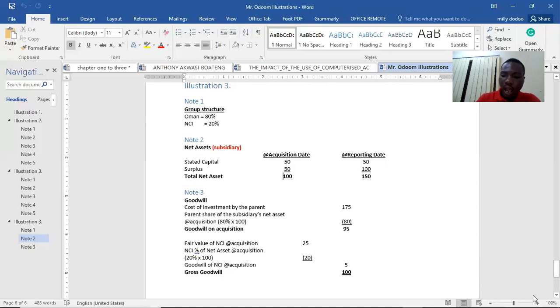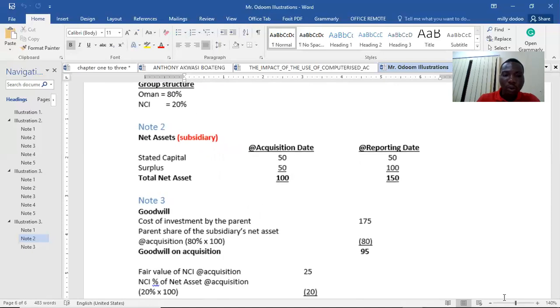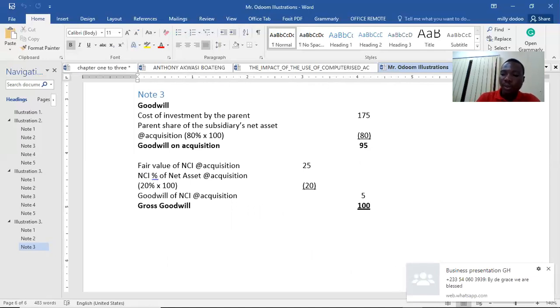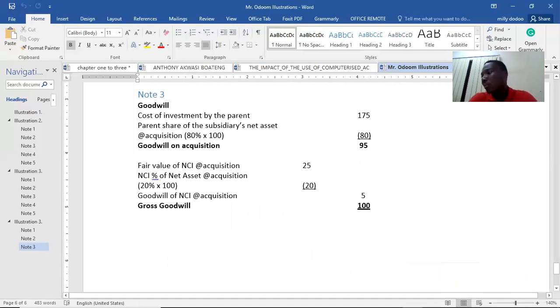So in the determination of the goodwill, the cost of investment by the parent is 175. That is by Oman. Oman bought the company for 175. Meanwhile, the net asset of the subsidiary at acquisition is 100, and Oman is investing in only 80%.